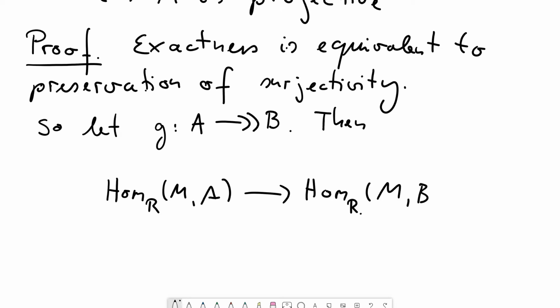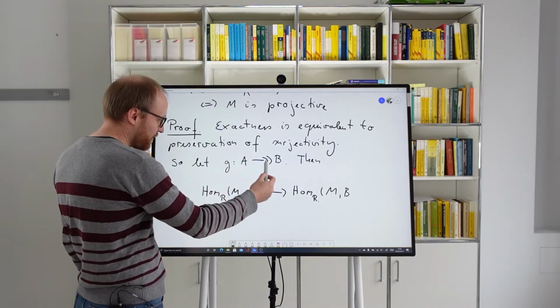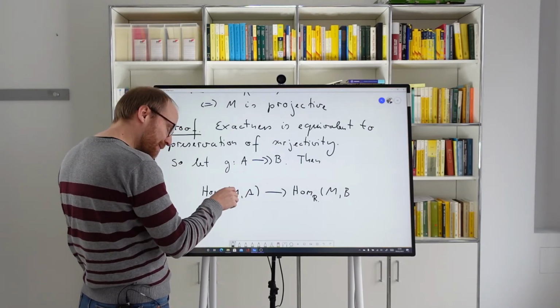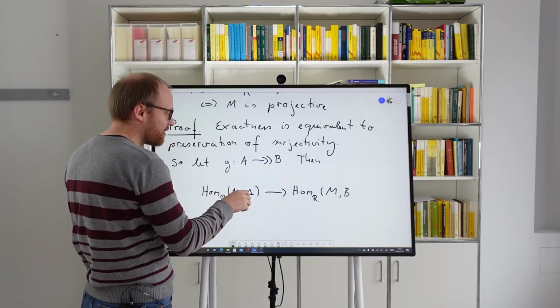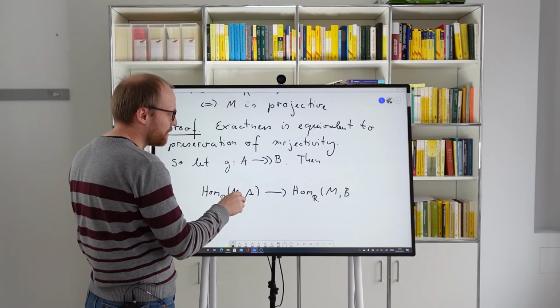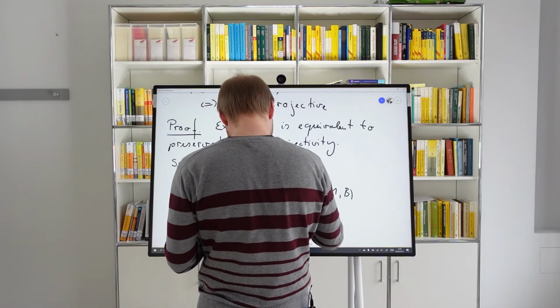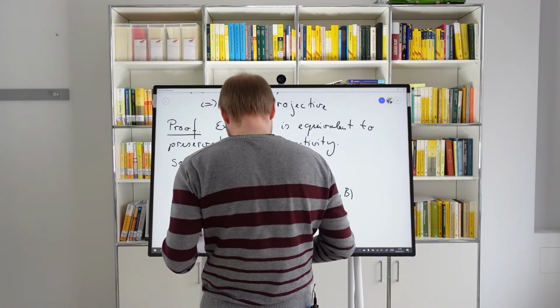And let's recall how the functor works. If I'm given this morphism g, I take a homomorphism from M to A and compose it with g to get a homomorphism from M to B. So this map is just given by composition with g.